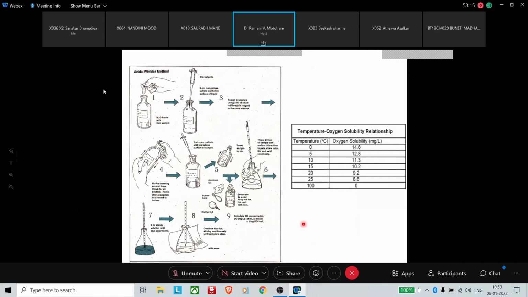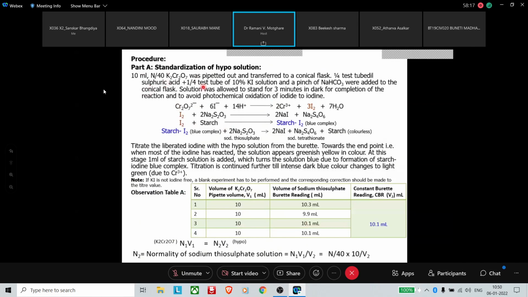Okay. So the standardization procedure, I think we were discussing Cr2O7 2- + 6I- + 14H+. Everyone should write these reactions, the procedure and all in your file. It gives you 2Cr3+ + 3I2 + 7H2O.